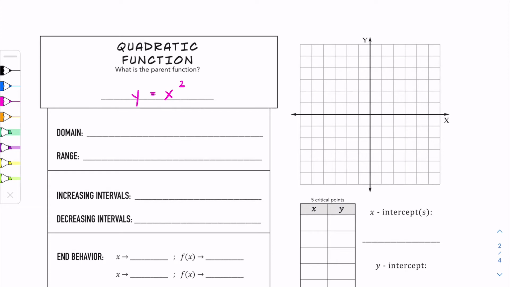Recall that your 5 critical points are at -2. When you substitute -2 into x squared, -2 squared is 4, -1, 1, 0, 0, 1, 1, 2, 4. And your parent graph appears to be U-shaped in the coordinate plane.